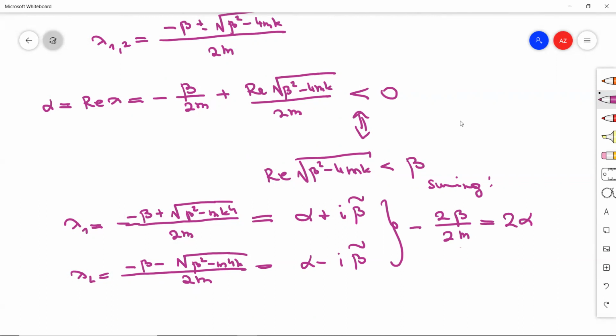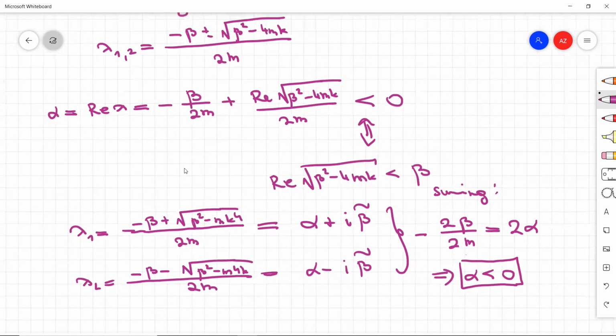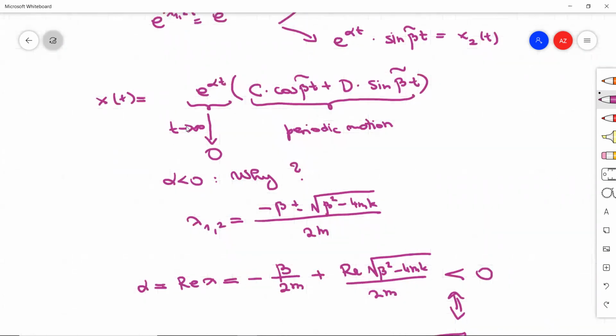And from here we see that alpha is negative. So it really goes for negative alpha, and the motion stabilizes. So the amplitude goes to 0.